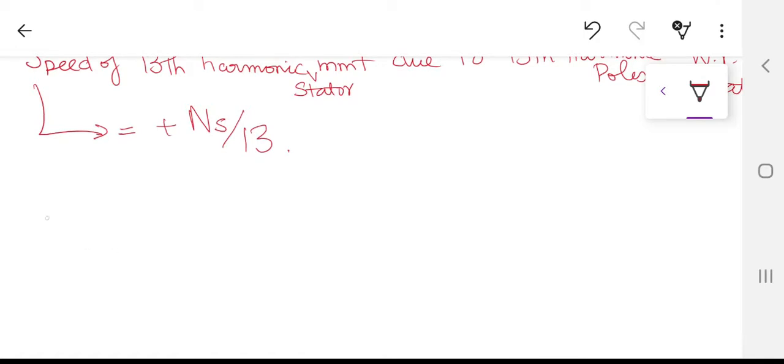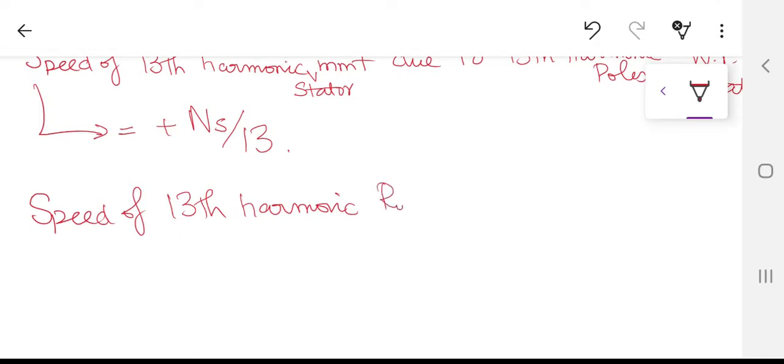Now the next thing is I want to talk about the speed of the 13th harmonic rotor MMF with respect to stator. This is going to have two things.